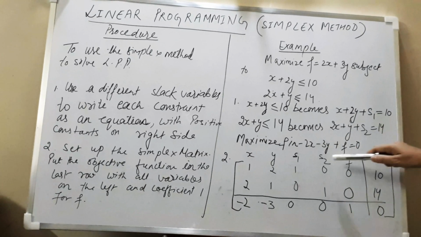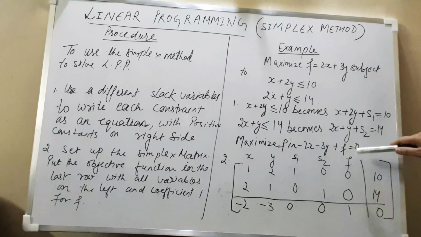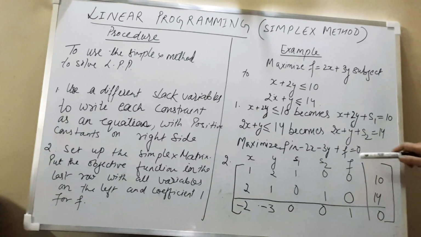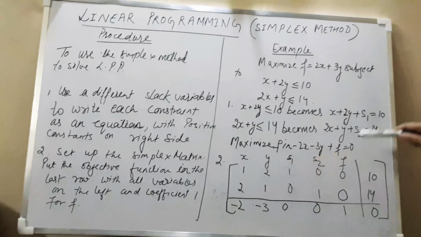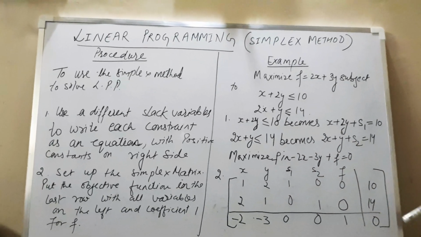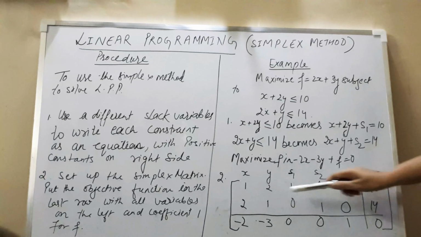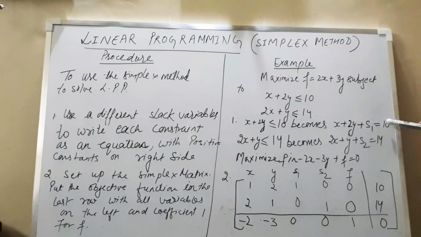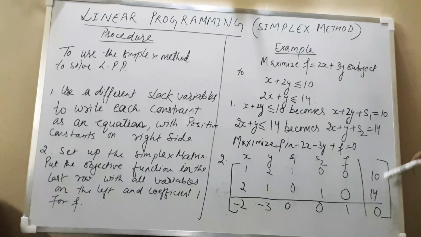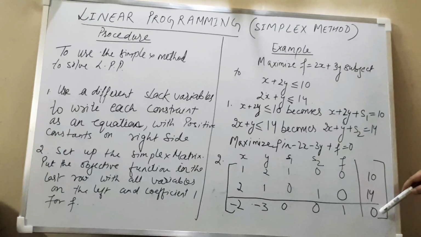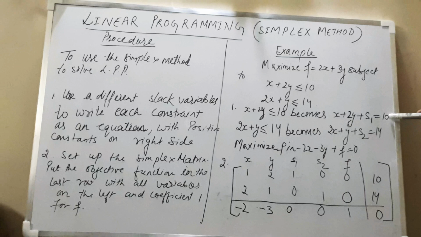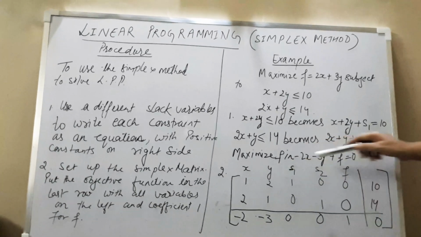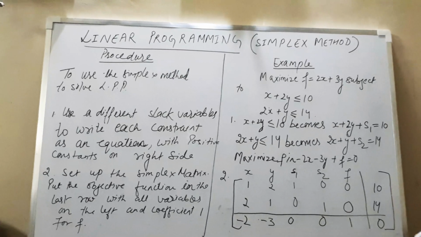Then for variable f, here is 0, here is 0. These are the two equations which we have written in matrix form, and this is the augmented column. Here we are putting the constants 10 and 40 by separating the matrix with a bar.